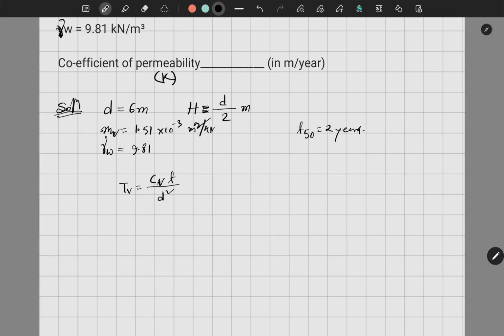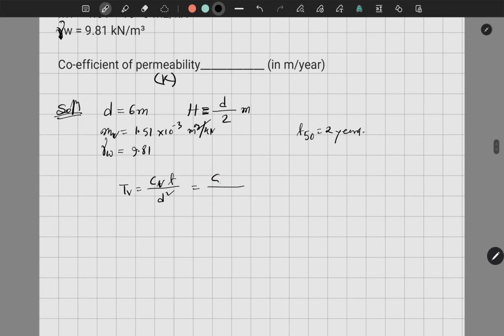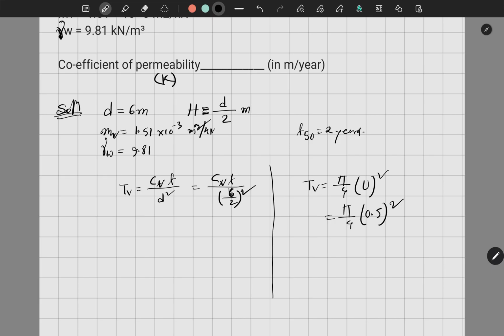In our case, Tv is Cv t by d square, means 6/2 square. There is one additional formula, Tv equal to pi/4 into U square. In our case, pi/4 into 0.5 square.